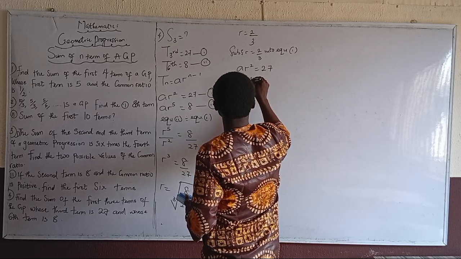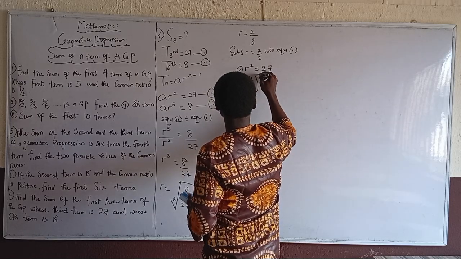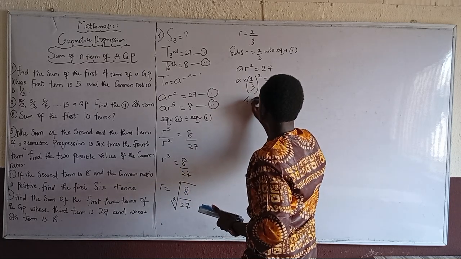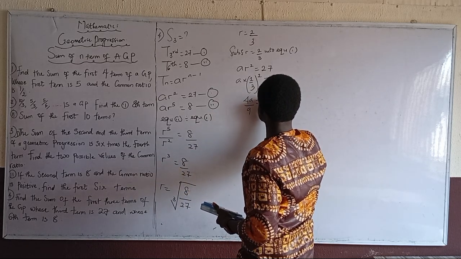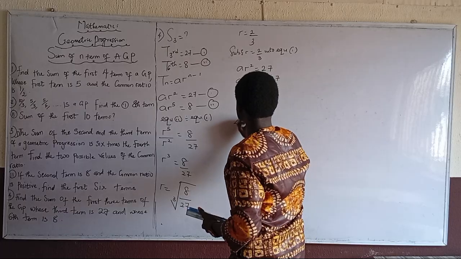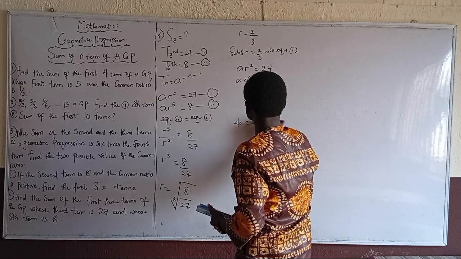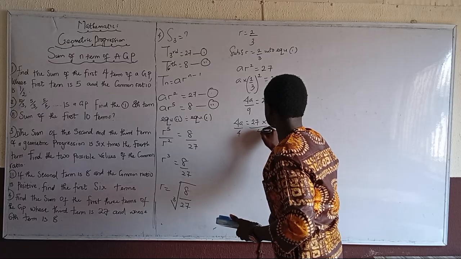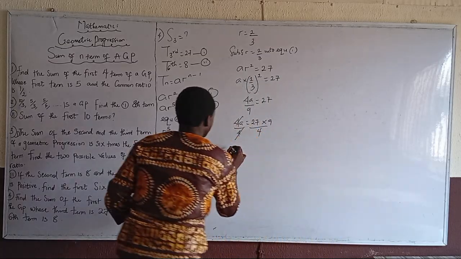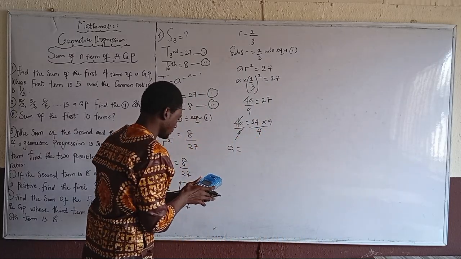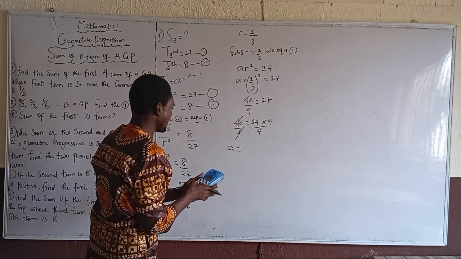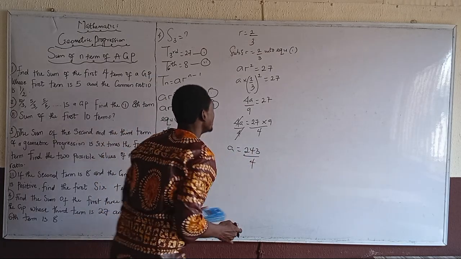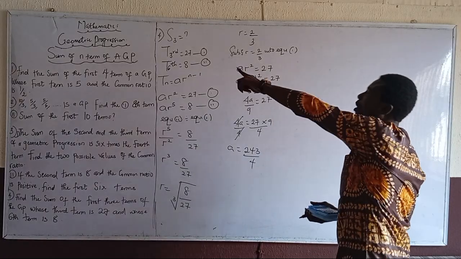This is A times (2 over 3) squared equals 27. So 2 squared is 4, 4A over 9 equals 27. So my 4A equals 27 times 9. Divide by 4, divide by 4. My A becomes 27 multiplied by 9, that is 243 over 4.